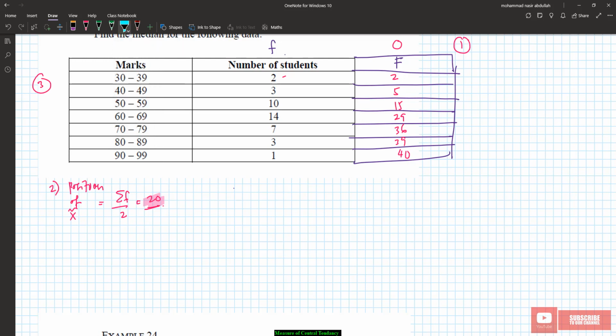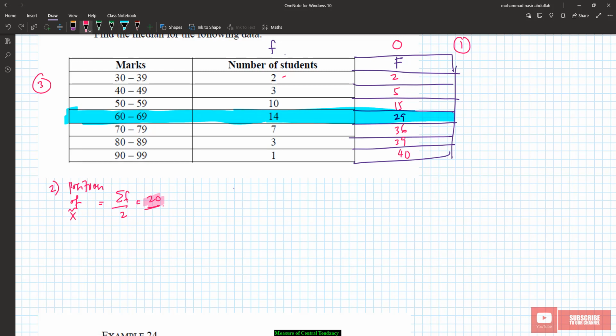We don't have the value of 20 in the cumulative frequency. Next greater than 20 is 29. So this is our median class.